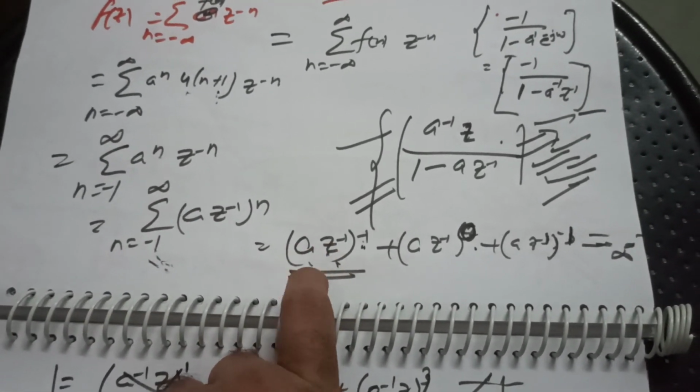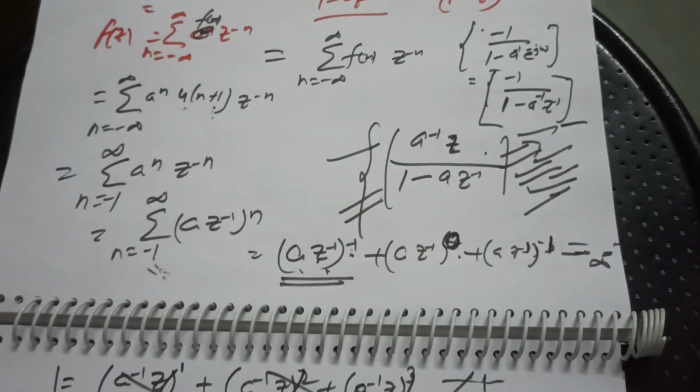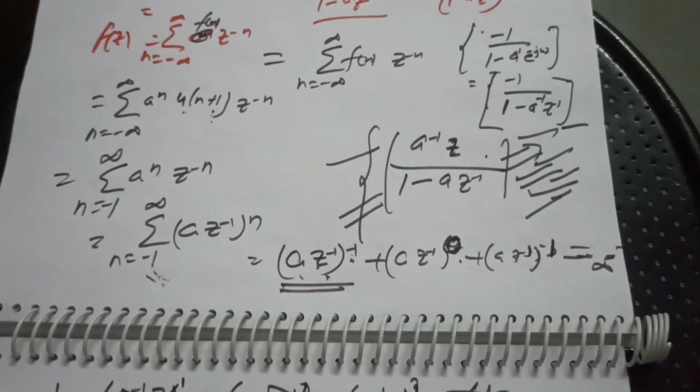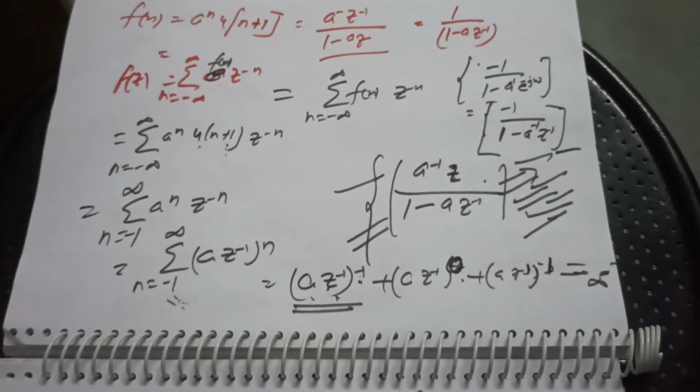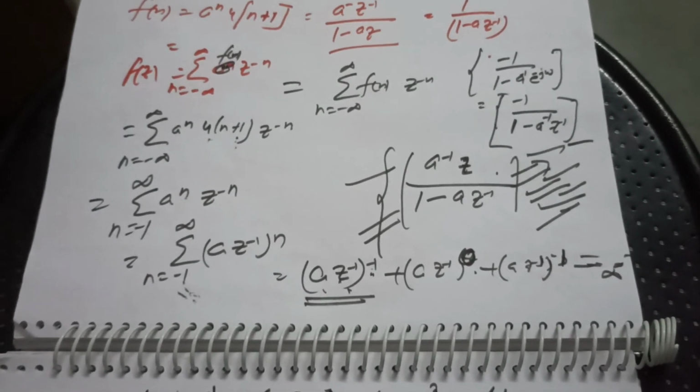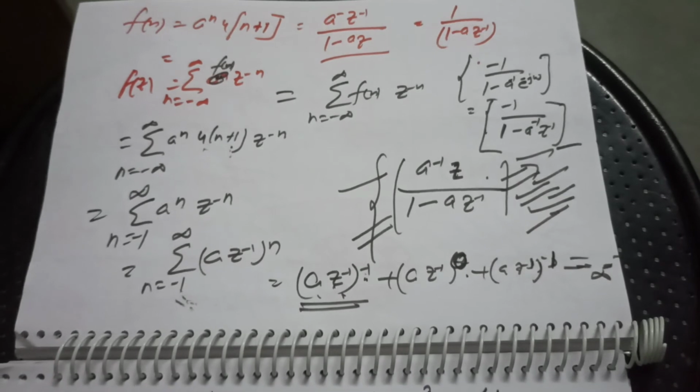This becomes (a z^(-1))^(-1), (a z^(-1))^0, (a z^(-1))^1, and so on. So this is the first term, and a z^(-1) is the common multiplier. I think I am quite clear to this point.